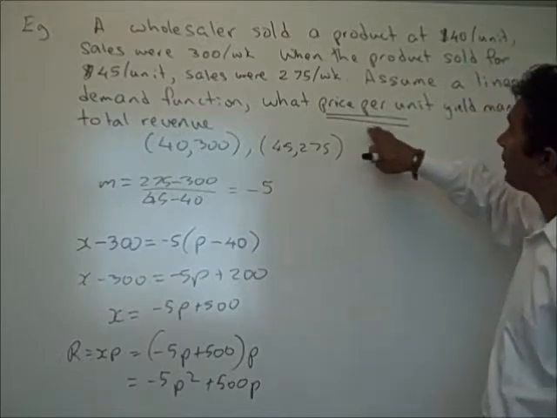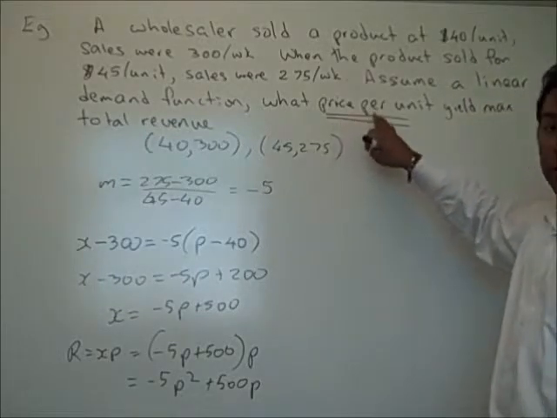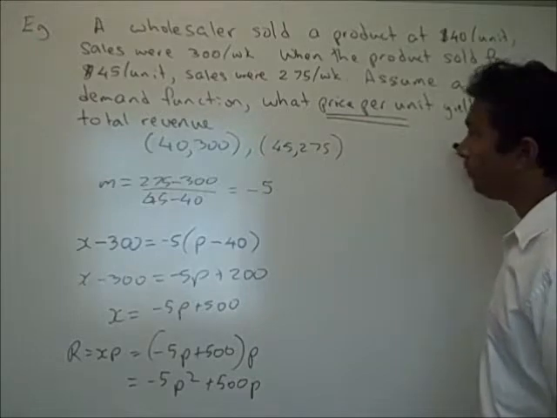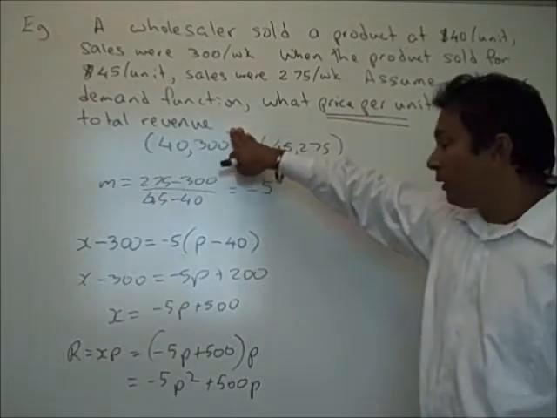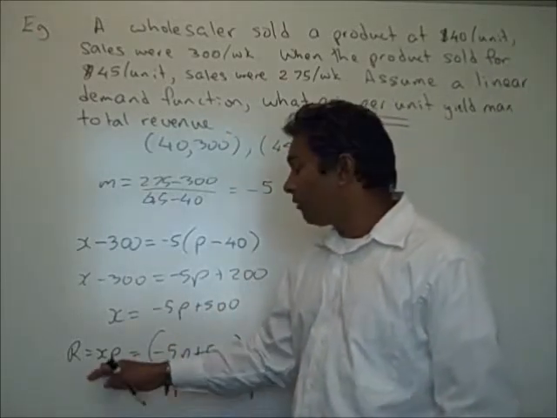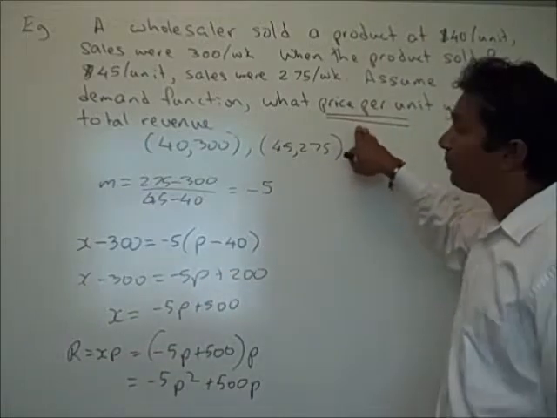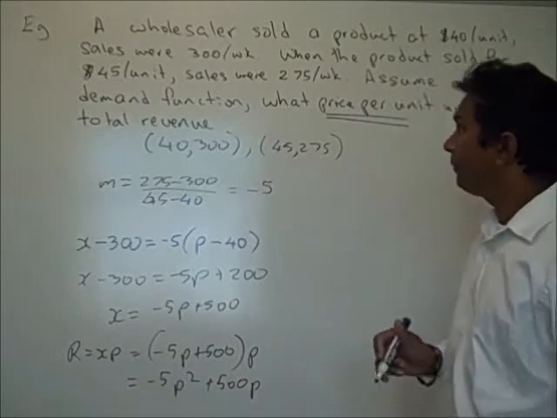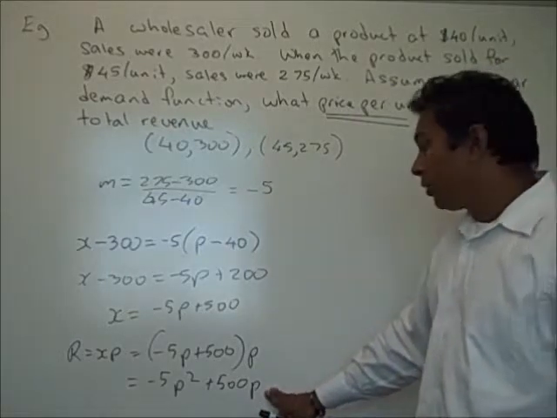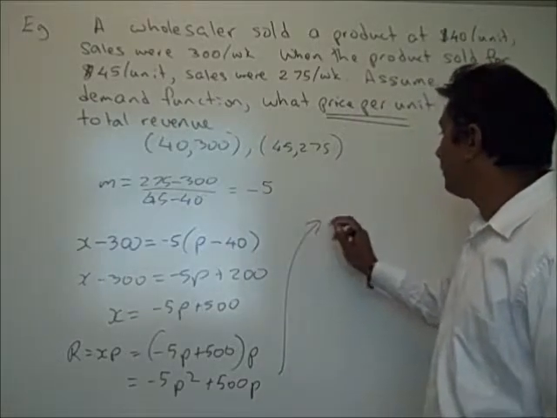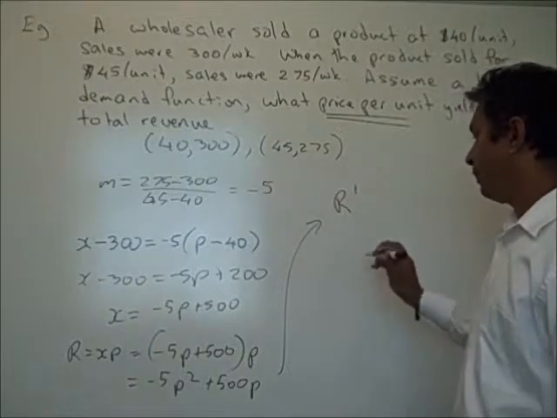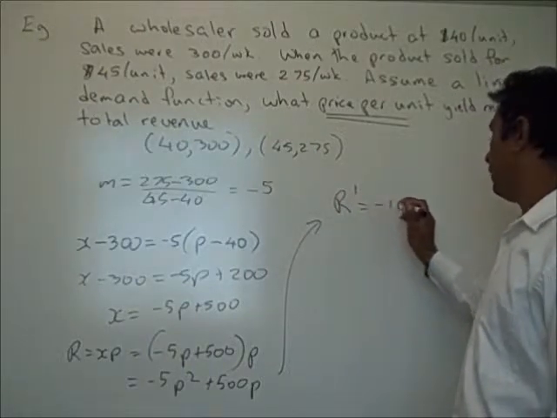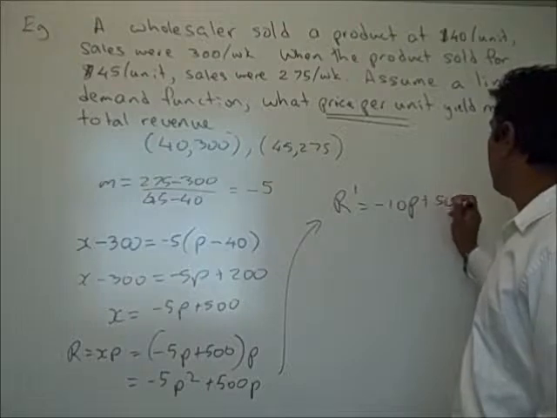Now, if they were asking us the number of units that would yield the maximum total revenue, then we would write our equation in terms of x. But here we're asking the price per unit, so we want to rewrite our equation in terms of p. So we know the maximum occurs where our first derivative, r prime, is equal to negative 10p plus 500.